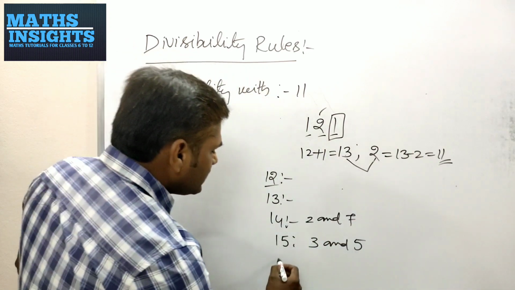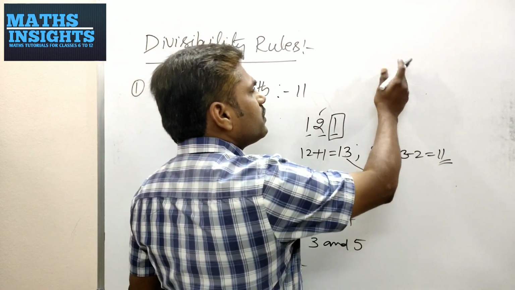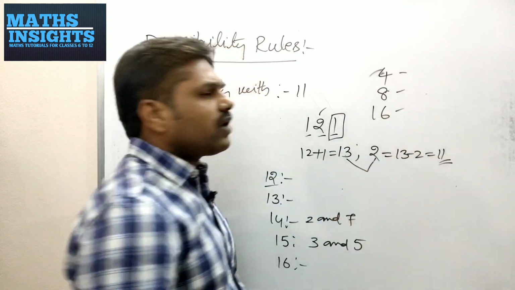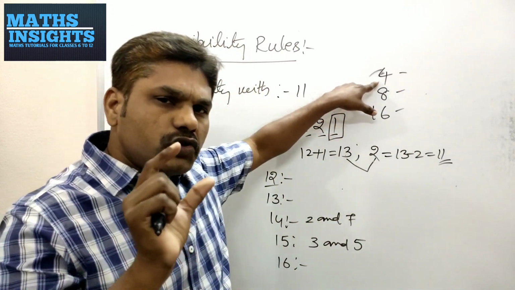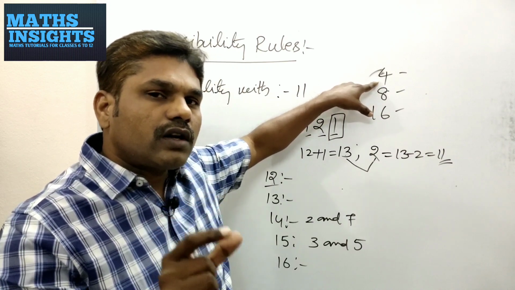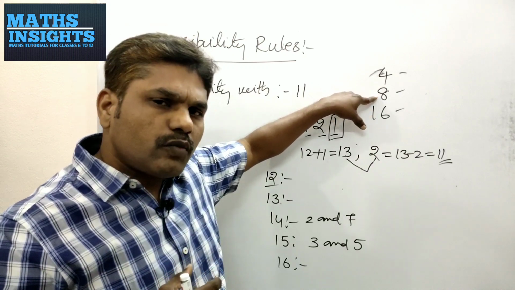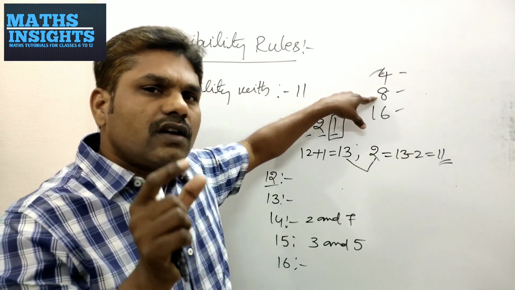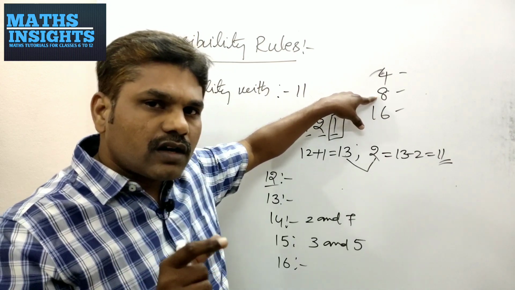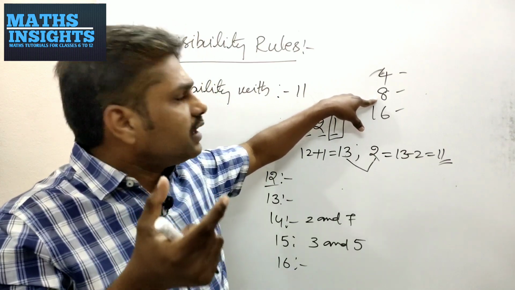Next, coming to 16. You may find similarity in the rules of divisibility of 4, 8, and 16. In 4, I said if you observe the last two digits, if those are divisible by 4 or are zeros, the number is divisible by 4. For 8, I said check the last 3 digits. If those 3 digits are divisible by 8 or are zeros, then the number is divisible by 8.